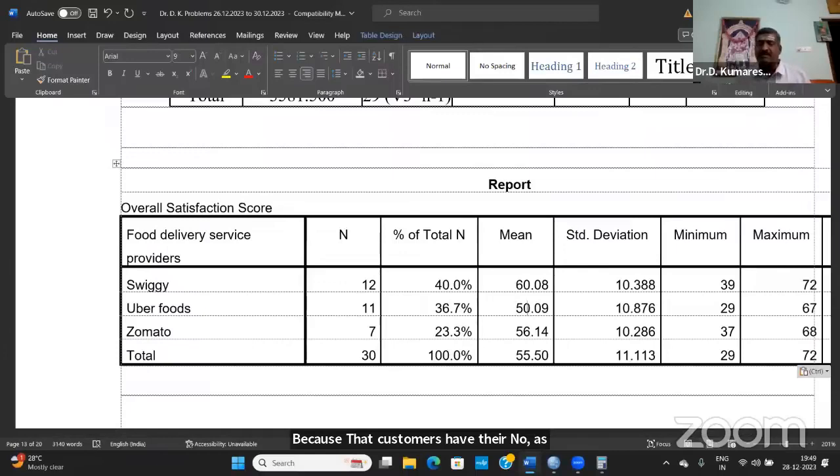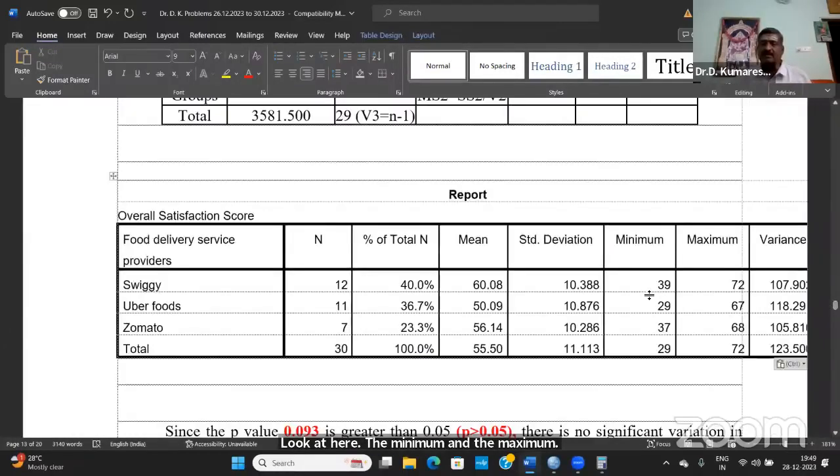Look at here, the minimum and the maximum. I told you the significance of minimum and maximum yesterday itself. It determines the standard deviation. 39.72, 29.67, 37.68. See, the minimum score, the very lowest, is 29 only. For the Swiggy customers, it is 39.